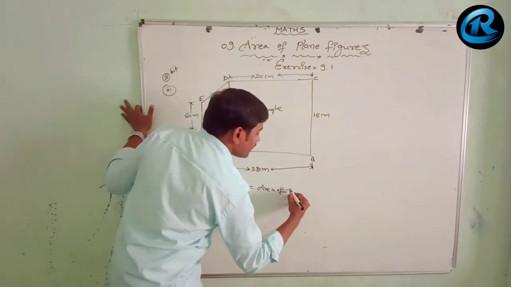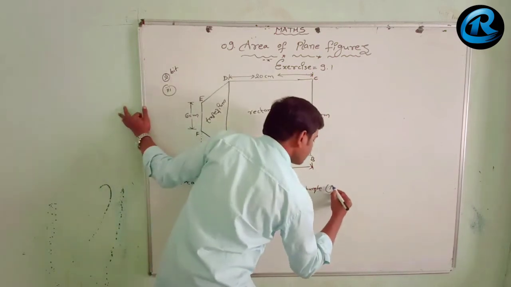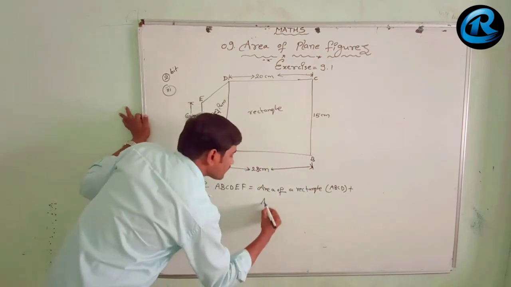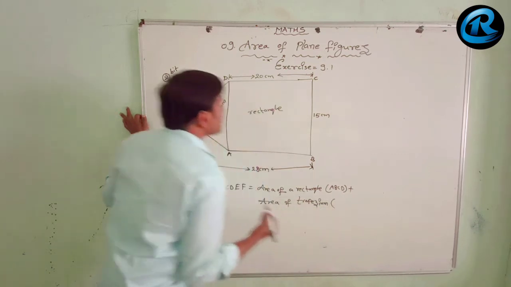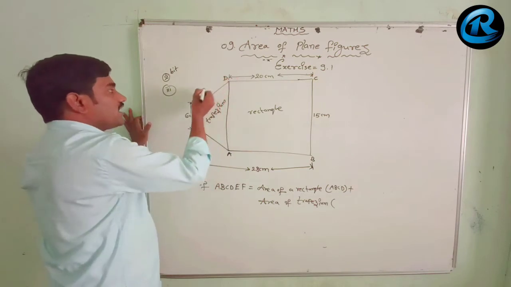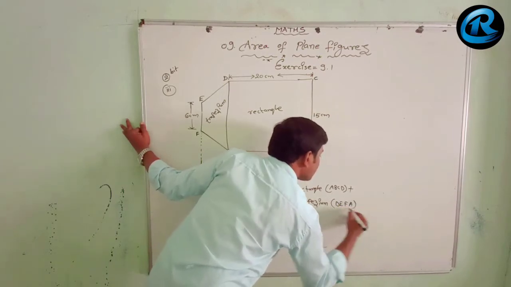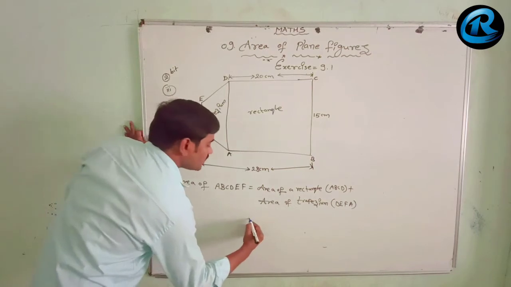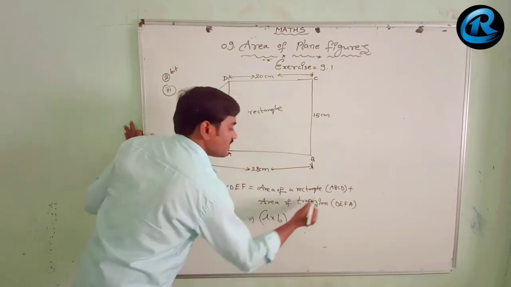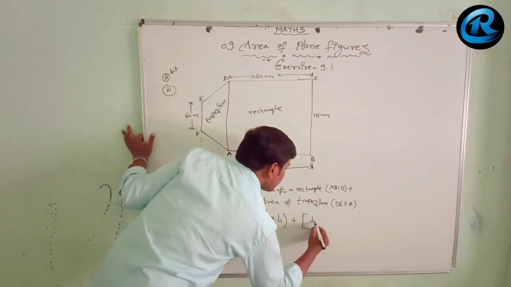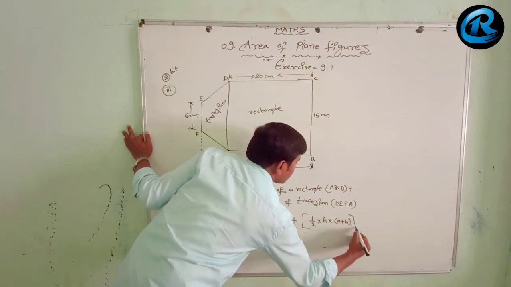So the area of rectangle ABCD plus the area of trapezium DEFA. Now we need to find these two areas. The area of rectangle formula is L into B, plus the area of trapezium formula, as we know, is 1 by 2 into h into a plus b.